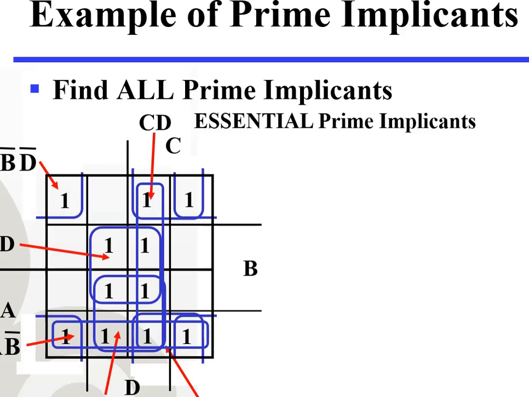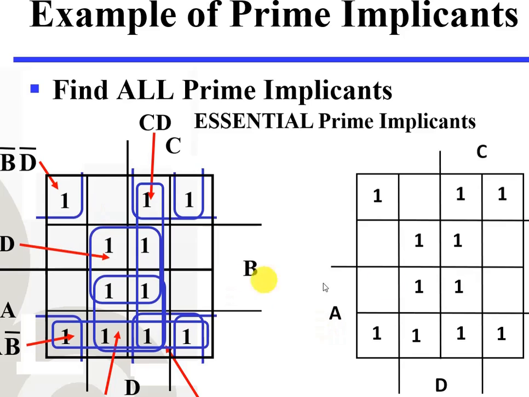Now, what is the essential prime implicant? Among these, which of them are essential prime implicants? We said a prime implicant is called an essential prime implicant if it is the only prime implicant that covers one or more minterms. This is again the same Karnaugh map, and we need to find the ones.